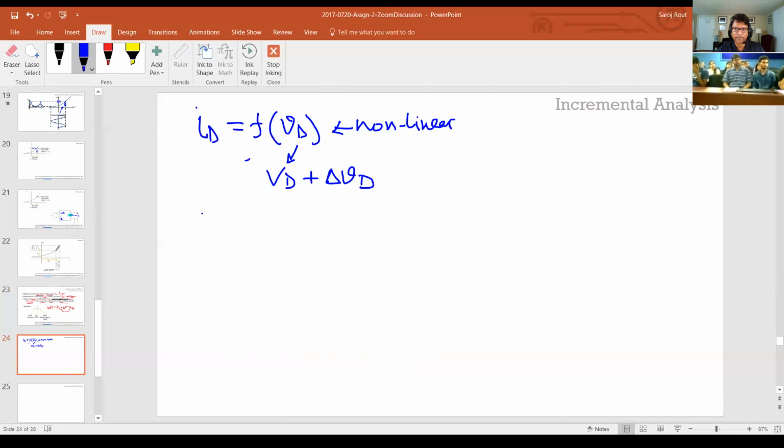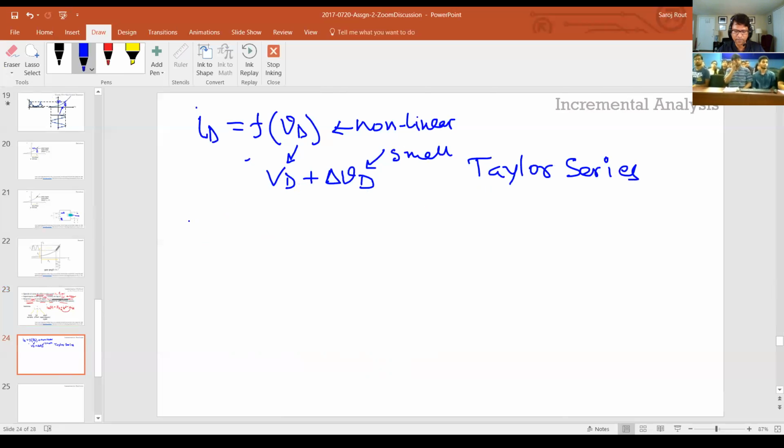Now, for nonlinear analysis, when this is very, very small, what is the mathematical tool you use? Taylor series, right? Taylor series or Maclaurin series, but we'll use Taylor series here because of the nature of the problem.